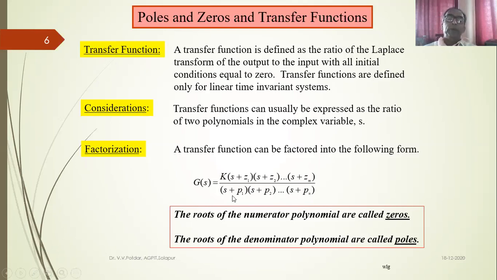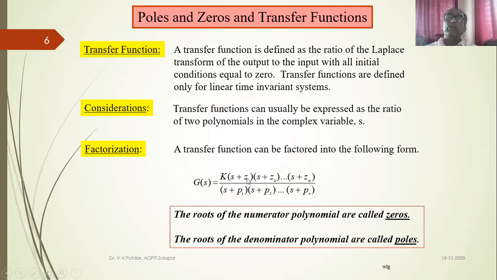Now the roots of the numerator polynomial are called zeros. Please be attentive. Now why are they called zeros? Take this case. s plus 1 was the term. Now here what is written? s plus z1.